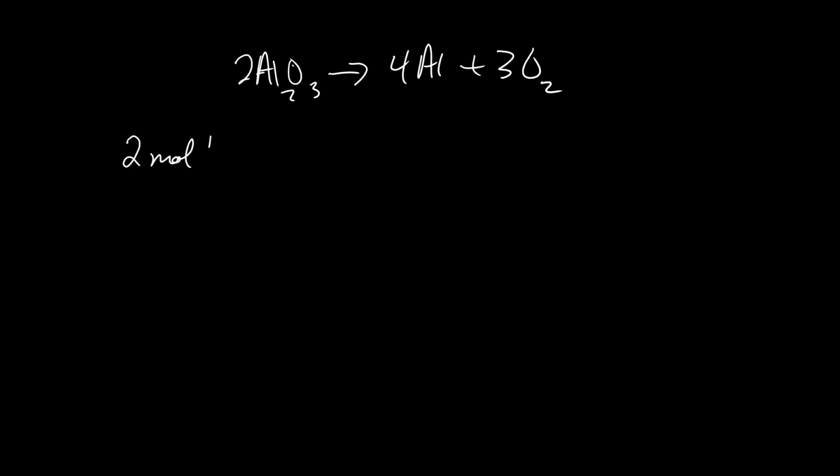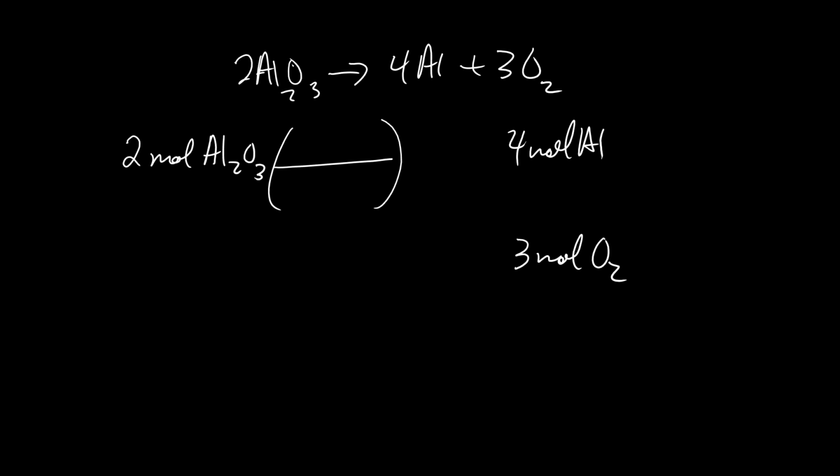Start off by saying I have 2 moles of Al2O3, and over here I've got 4 moles of Al and 3 moles of O2. Get rid of moles of Al2O3, change it into grams.